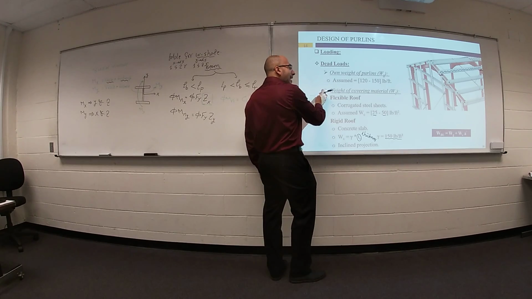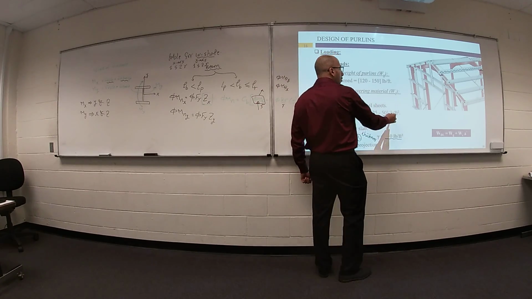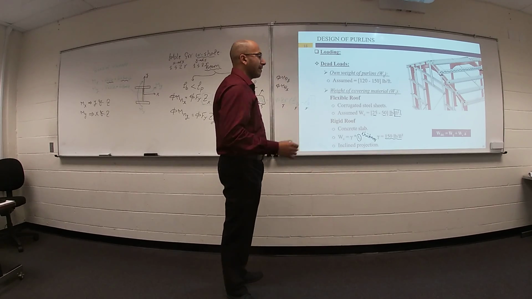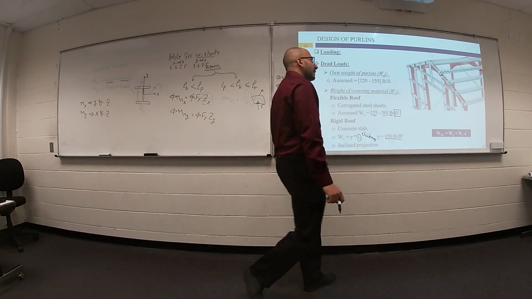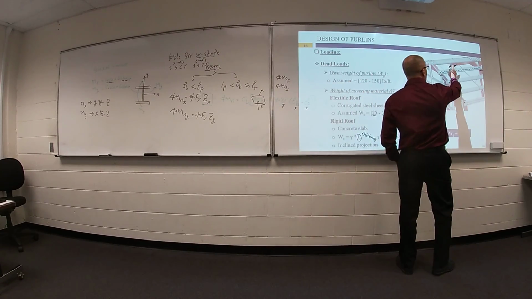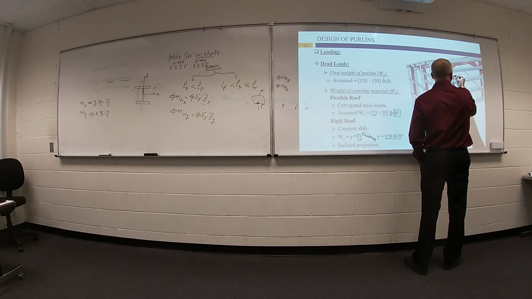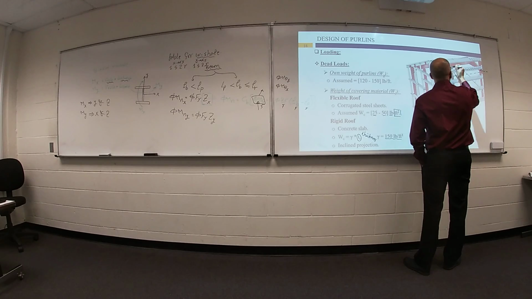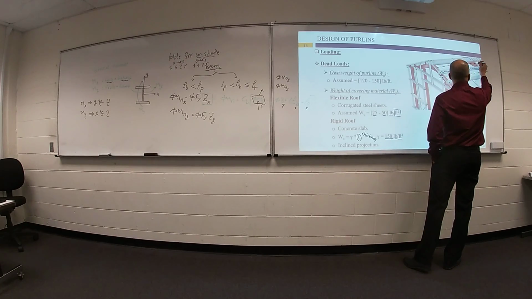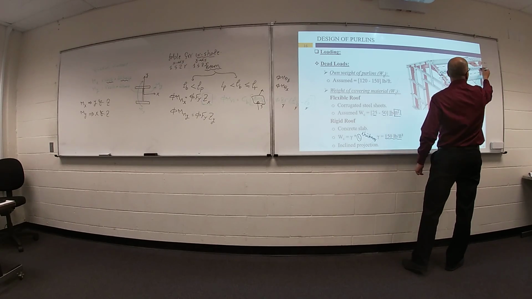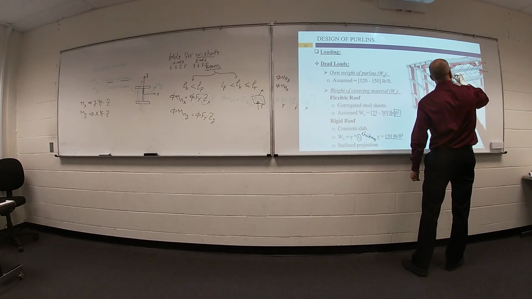Remember, for weight of covering, your unit is pounds per square area. So each Berlin will support covering load from center line to center line. So the area served by this Berlin equal to this one.